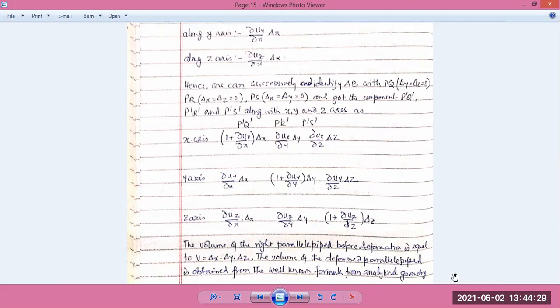The volume of the deformed parallelepiped is obtained from the well-known formula of analytical geometry.